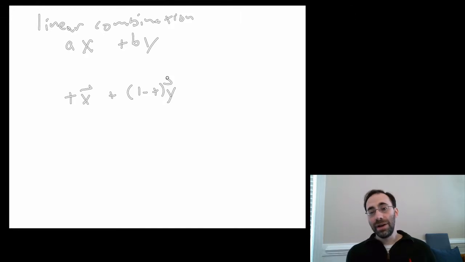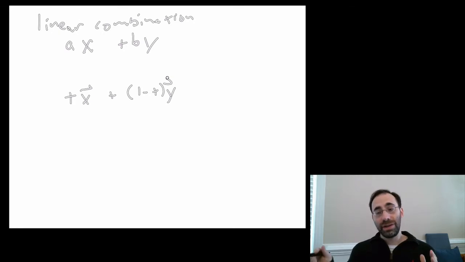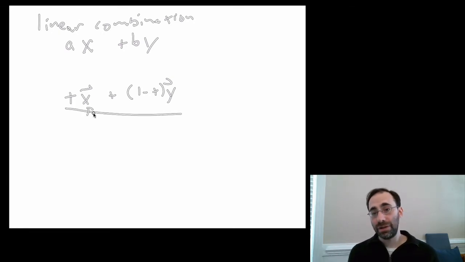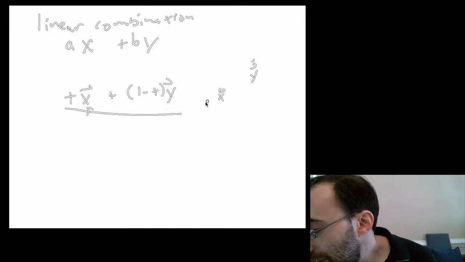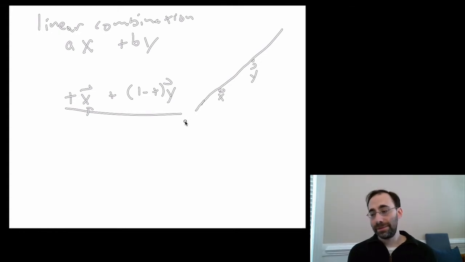Why is that? Well, if t equals 1, then this just gives you x, right? At t equals 0, it just gives you y. And for other values of t, it gives you things that are along the line joining x and y. So if this is x, and this is y, then, and I'm not going to draw the line correctly, this is a line joining x and y.